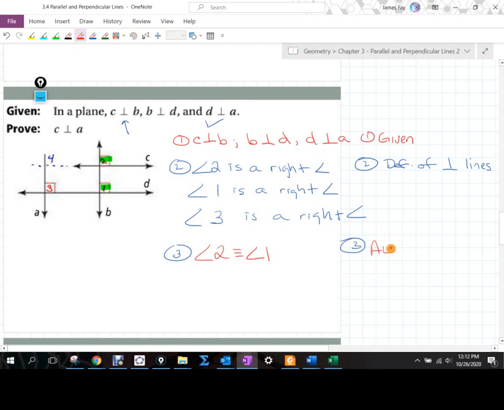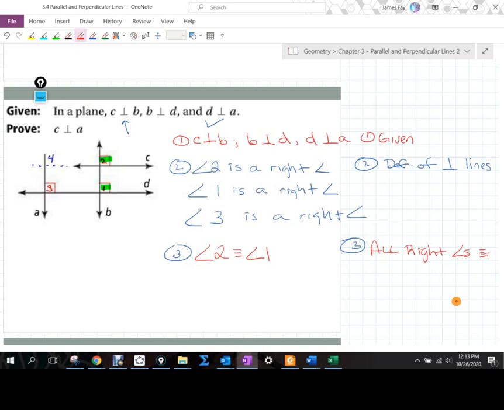We had a theorem towards the end of chapter 2. The way I explained it was if I gave every one of you a right angle and had any two of you hold yours in the air, those are going to be congruent. Any two right angles are congruent because all right angles are congruent. That's a statement that we use.